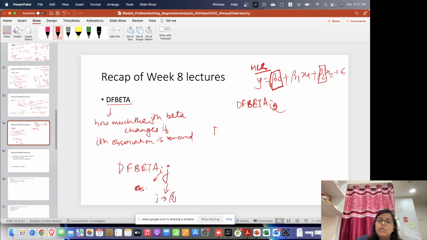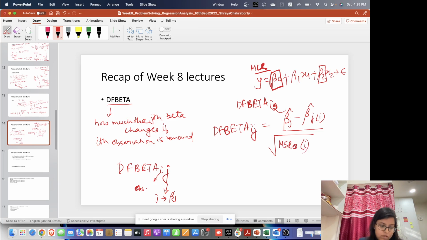Okay, so for DFBETA we compute ij combinations to test which observation is affecting which one, and the formula is similarly given by beta hat_j minus beta hat_j(i), divided by root of MS residual leaving out the ith observation times the jth element of (X prime X) inverse. This comes from the variance of beta hat.